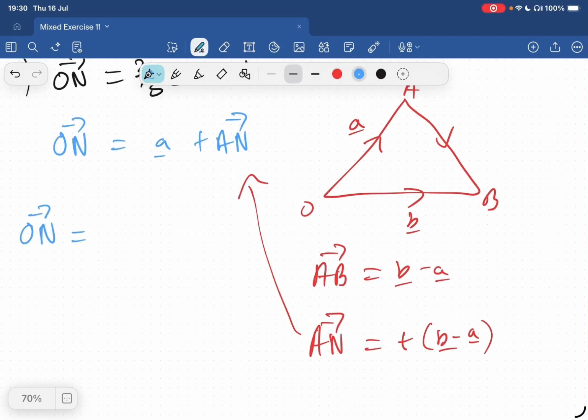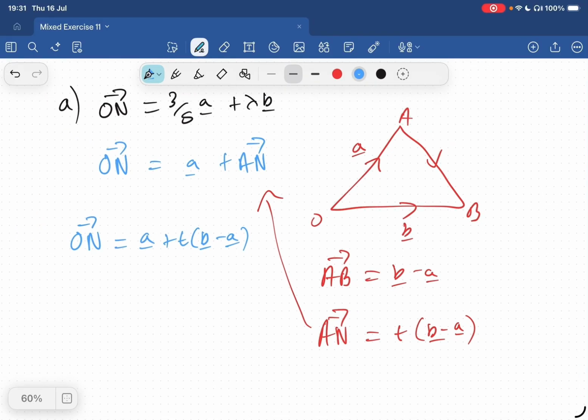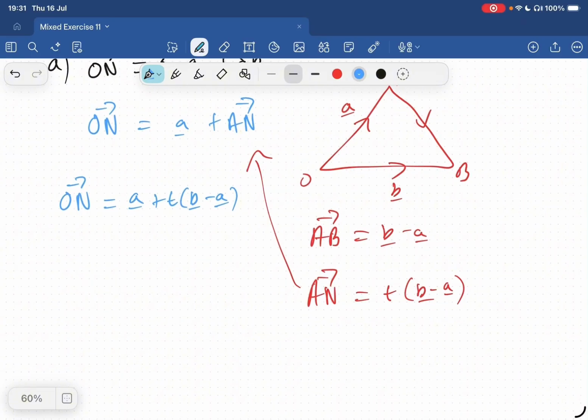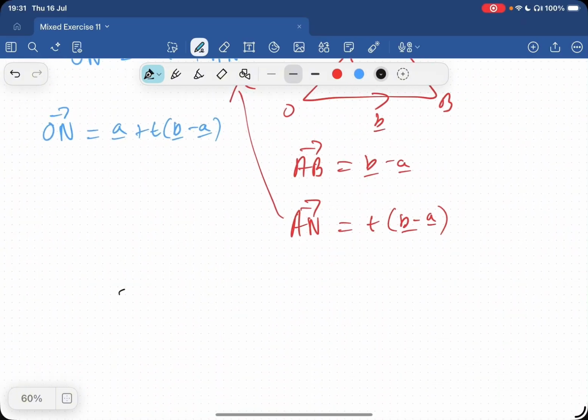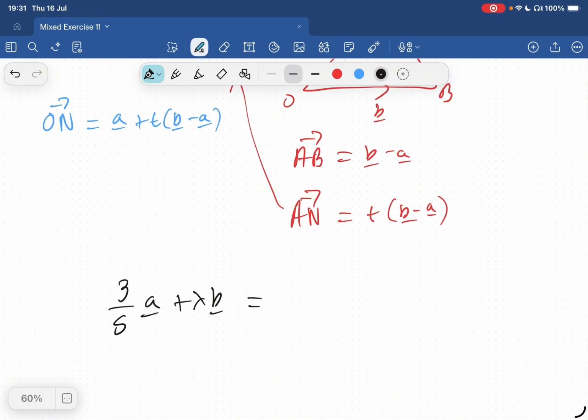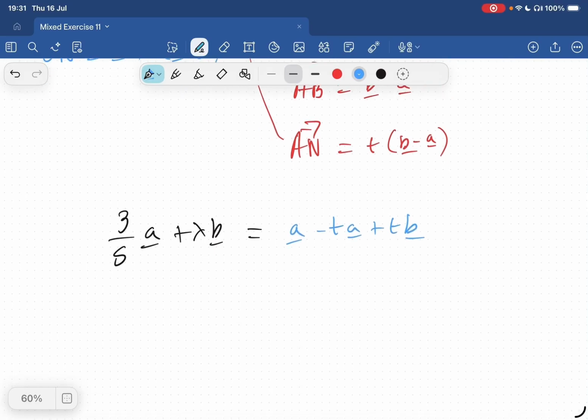So O to N could also be represented as this fraction of A to B. We've got two equations now, our black and our blue, that represent O to N. So let's equate these two together. 3/5 A plus lambda B has got to equal, let's put this back in blue, A plus t lots of B minus A. Another way of saying this is (1 minus t) A plus tB.